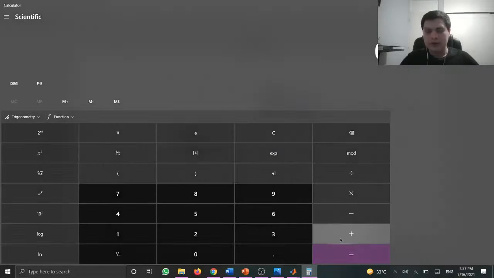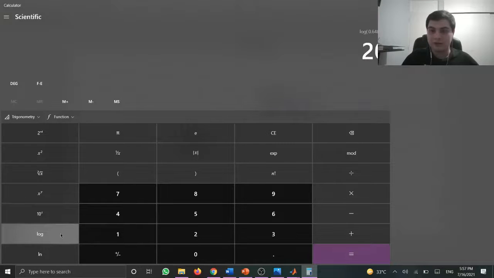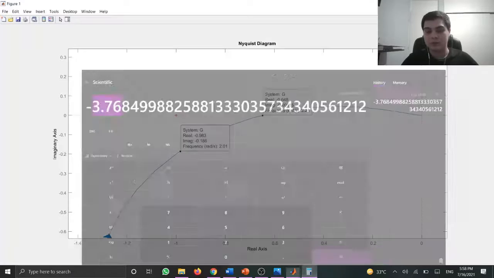Now, in order to get the value in decibels, we need to apply the logarithm of this value and then multiply by 20. So here we have that the gain value in this case is going to be 3.76, really close to what we got in both examples.